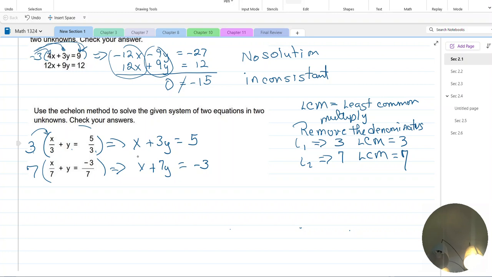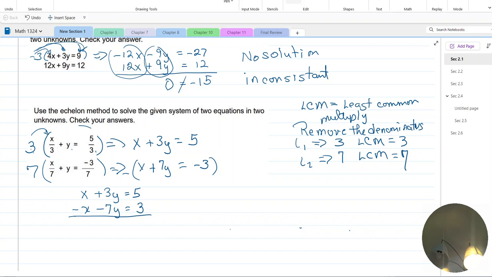So I'm going to say line 1 minus line 2. And I'm going to have x plus 3y equals 5, a negative x, a negative 7y equals, and a negative times a negative is a positive 3.